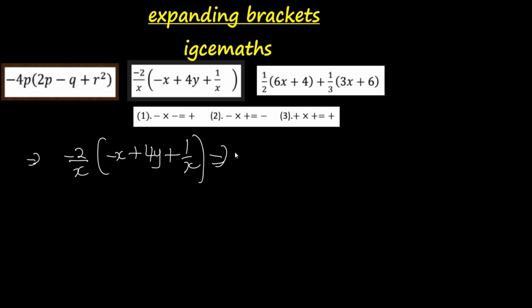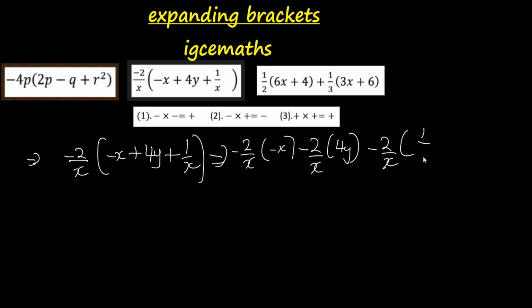The first one, negative 2 over x is multiplying negative x, the second, negative 2 over x is multiplying 4y, and also negative 2 over x is multiplying 1 over x squared.